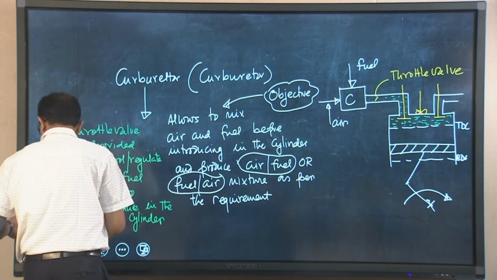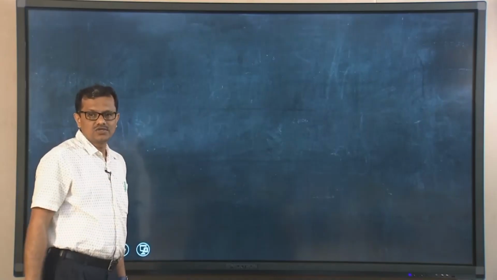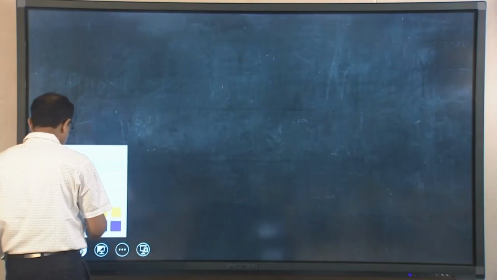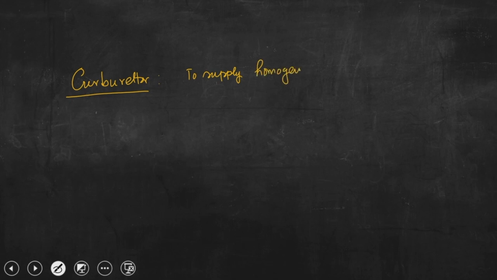Now, as we have mentioned that the sole objective of the carburetor is to provide homogeneous air fuel mixture, if we write, carburetor is provided to supply homogeneous mixture of air fuel ratio or fuel air ratio.